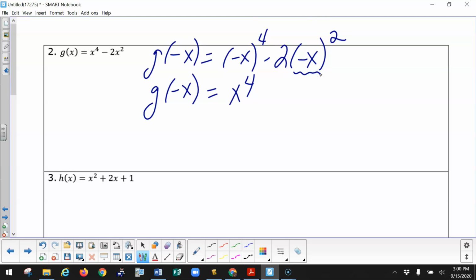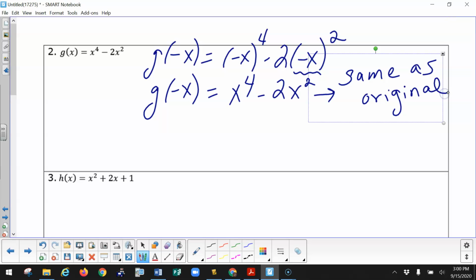I'm going to raise that negative x to the second power. It's going to go positive, but then I'm multiplying it by negative 2, so it turns into negative 2x squared. So this is exactly the same as the original. If the result is exactly the same as the original, then it's even.